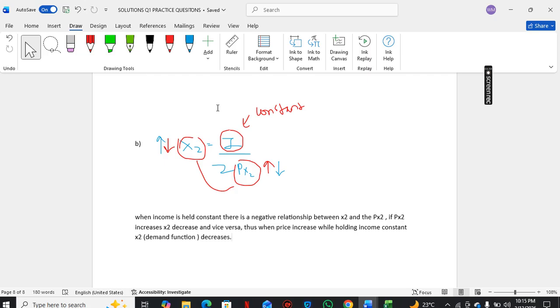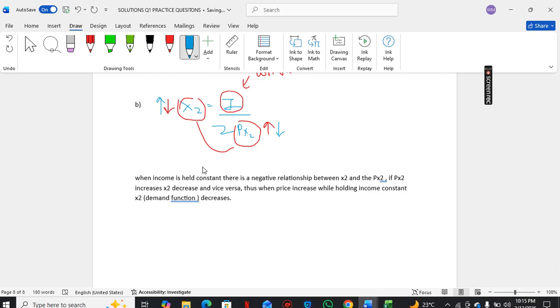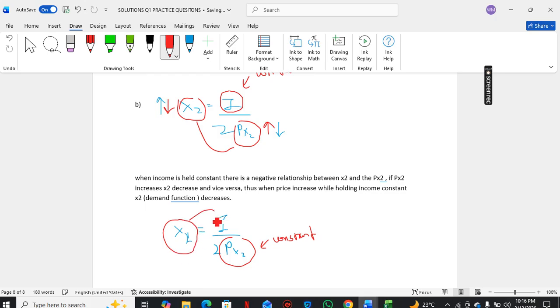Then, holding price constant, meaning the price doesn't change for the good, what happens is there is a positive relationship between x2 and I. Meaning if income increases, you buy more of x2.